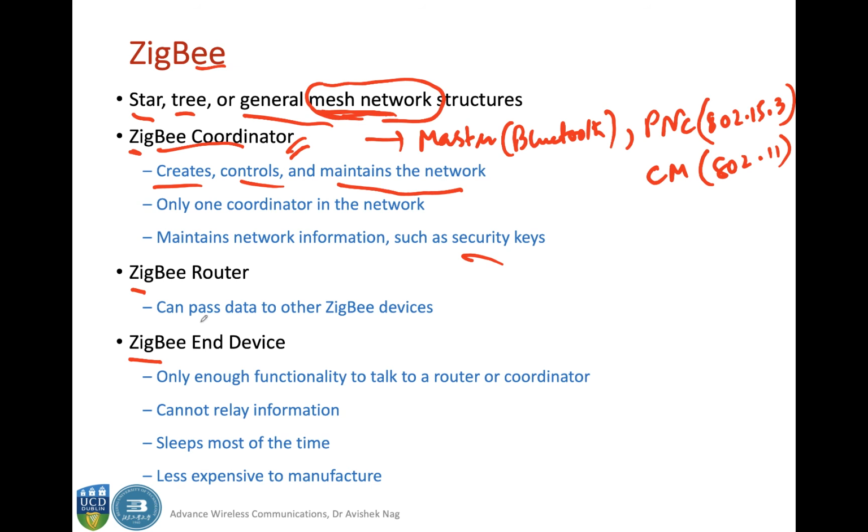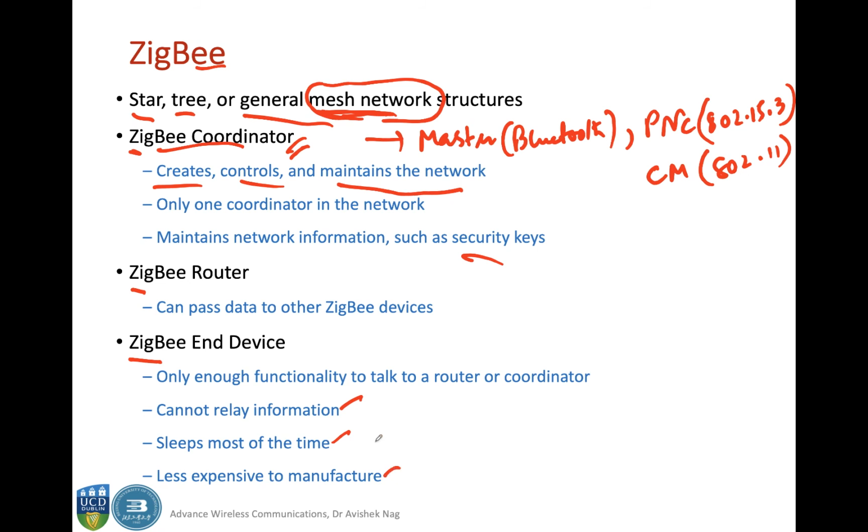Then you can have the ZigBee router, which can pass data to other ZigBee devices, and the ZigBee end devices, which only have enough functionality to talk to a router or coordinator. Okay, they are much less complex. They cannot relay information, they sleep most of the time, and they are less expensive to manufacture.